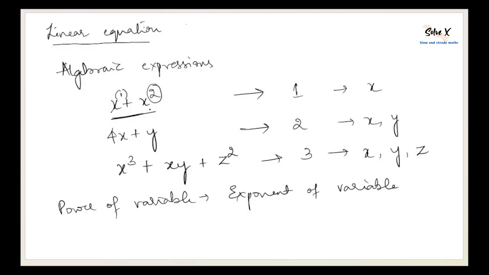So in the first example, the power of the variable is 2. In the second example, the highest power of the variable is again 1. In the third example, the highest power of the variable is 3. So we can say that all these are algebraic expressions.